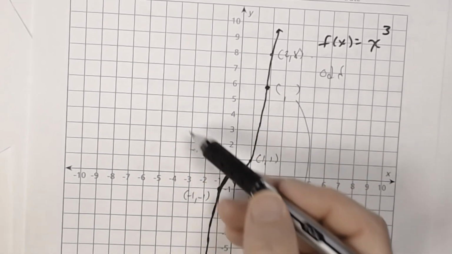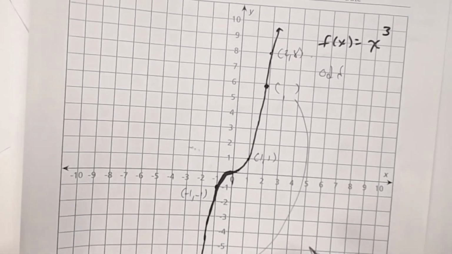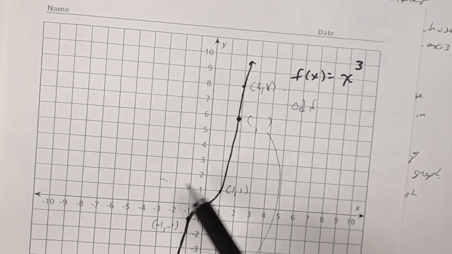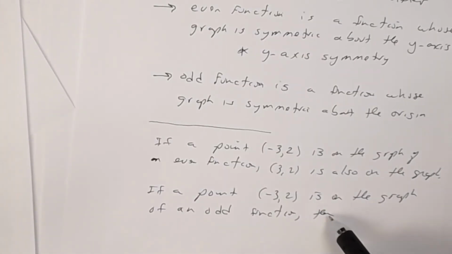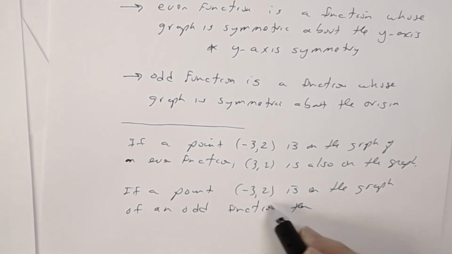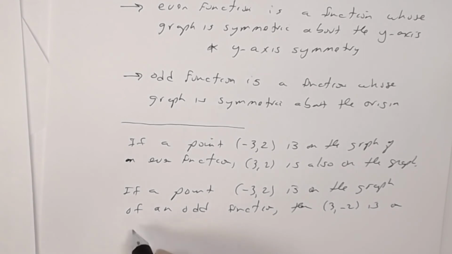Any point in the second quadrant goes into the fourth quadrant. Okay, so basically the signs change. So the coordinates become opposites. So then the point 3, -2 is on the graph. Okay? All right, so that's going to be important to remember.